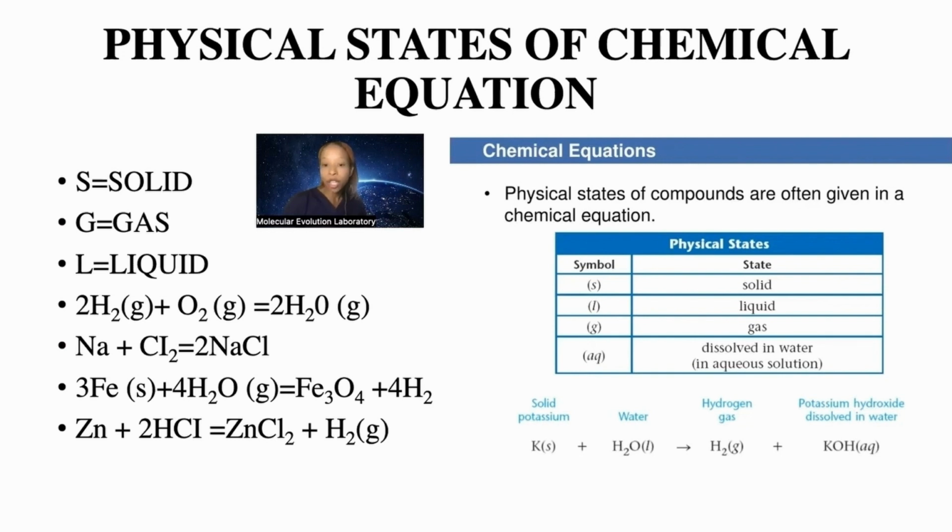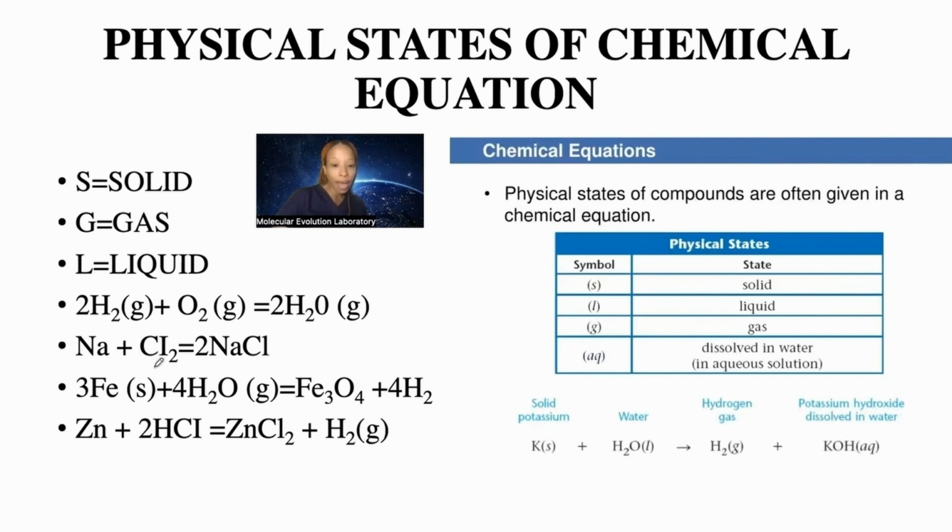For example, solid potassium plus liquid water gives you hydrogen gas, H2, and potassium hydroxide dissolved in water, which results in an aqueous solution. Here we see 2 hydrogen gas plus oxygen gas gives you 2 water molecules in the form of gas.